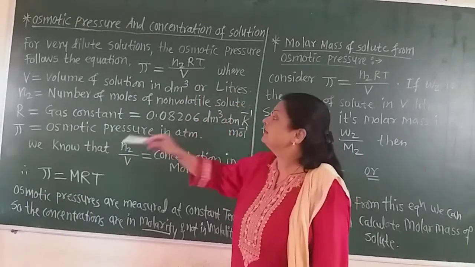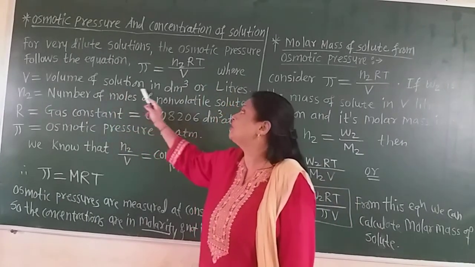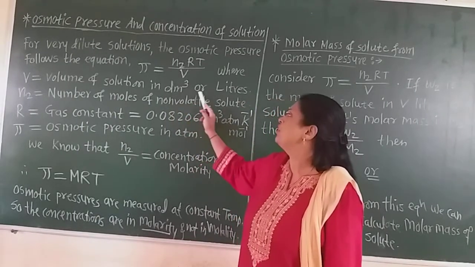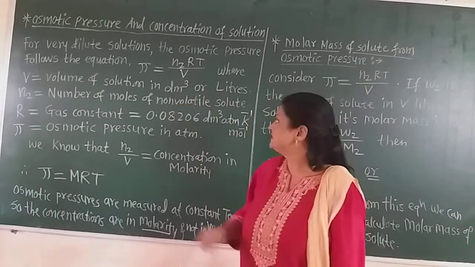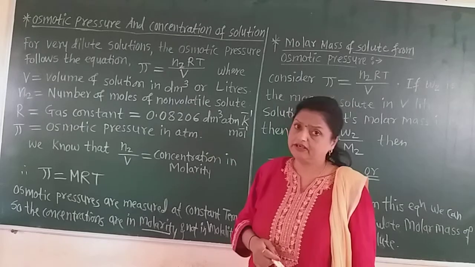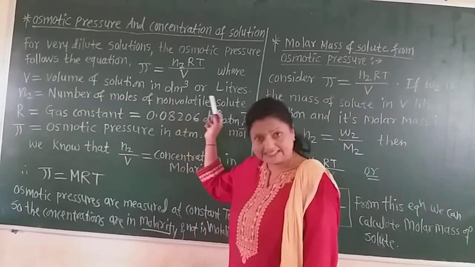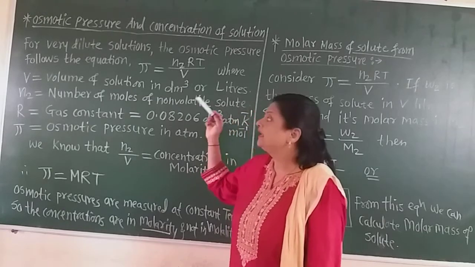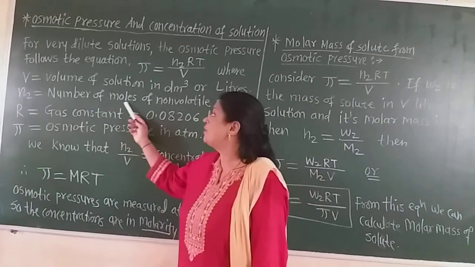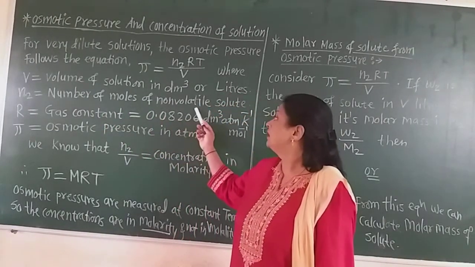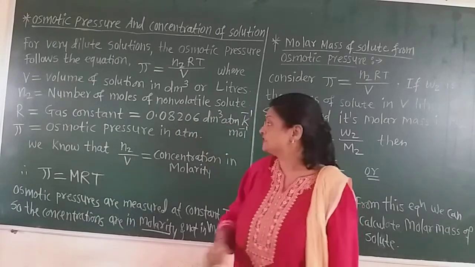Now where this V is the volume of the solution in decimeter cube or in liters. Say decimeter cube is equal to liter, 1 liter. N2 is the number of moles of non-volatile solute, because it is N2.